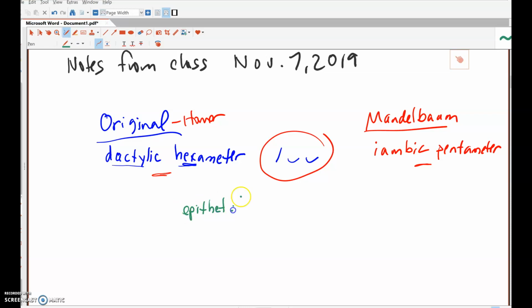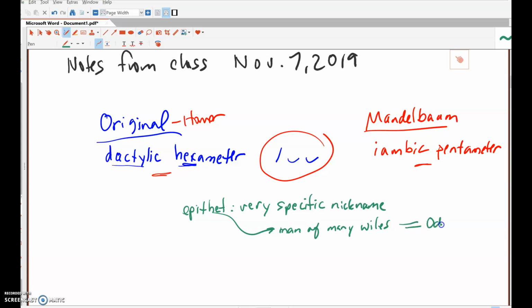An epithet is a very specific nickname for a person. So if we read the first line of the proem, Muse, tell me of the man of many wiles. The man of many wiles is an epithet for whom?